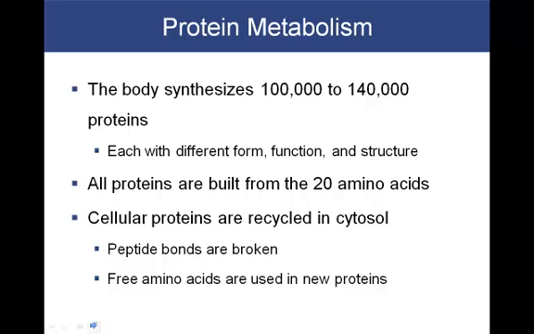In terms of protein metabolism, we know that there are upwards of 140,000 different types of proteins, each with a different function, a different structure, and all proteins are built from the same 20 amino acids. They're just in a different primary sequence.